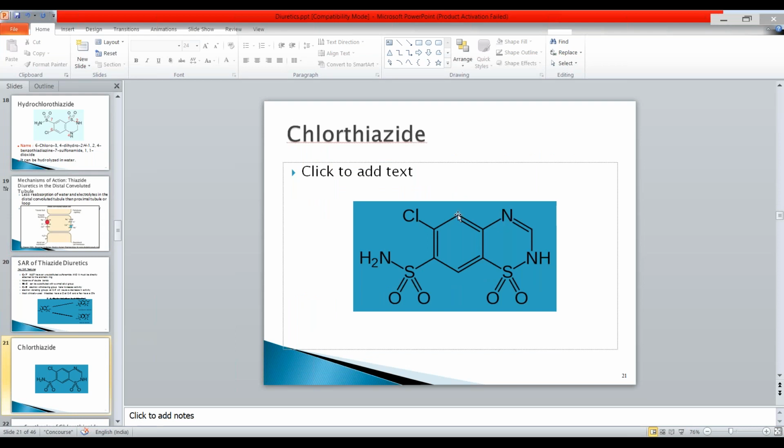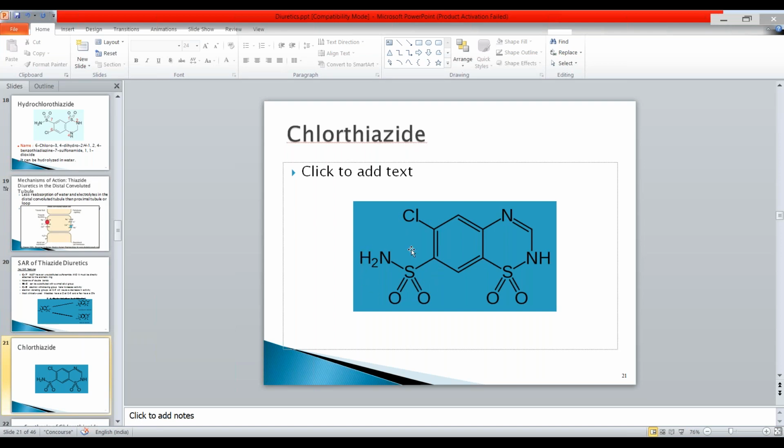Okay, so this again becomes 5 where I have placed the cursor. This is 5. 6, the chloride part where you are attaching the chloride. This is the 6th position.